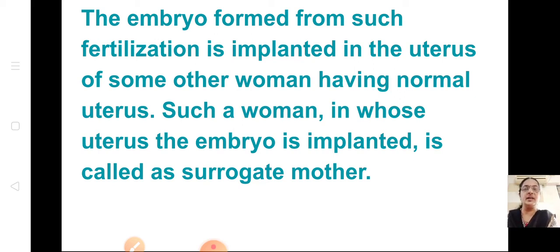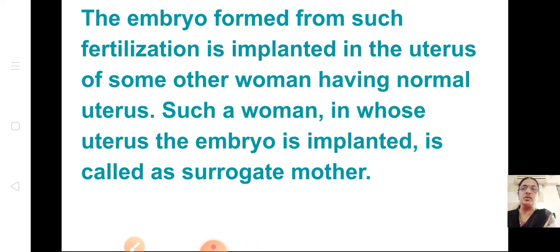So after it is fertilized in the test tube, this embryo is implanted into the uterus of the other woman whose uterus is normal.